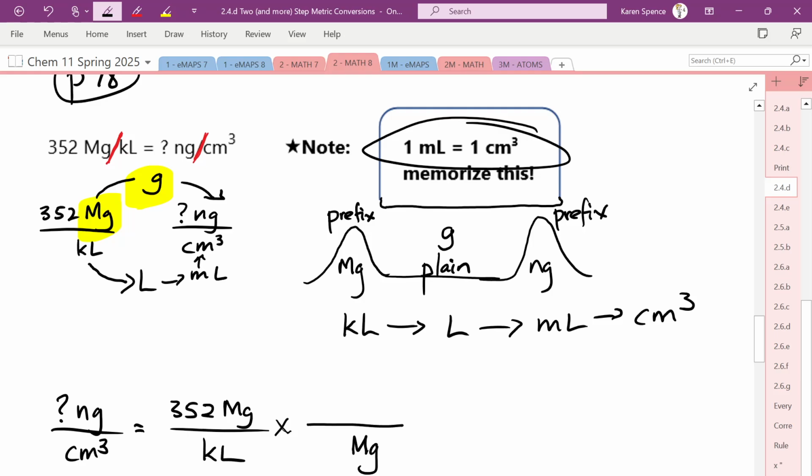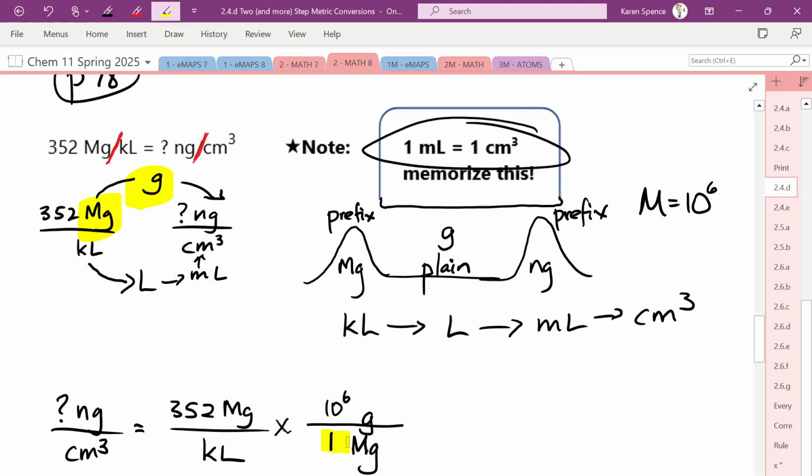It has to go on the bottom, and grams have to go on the top. Mega means 10 to the, tell your partner, 10 to the 6, okay? And does the 10 to the 6 go with the gram, or does the 10 to the 6 go with the megagram? It goes with the gram, because what goes with the prefix? The 1 goes with the prefix.